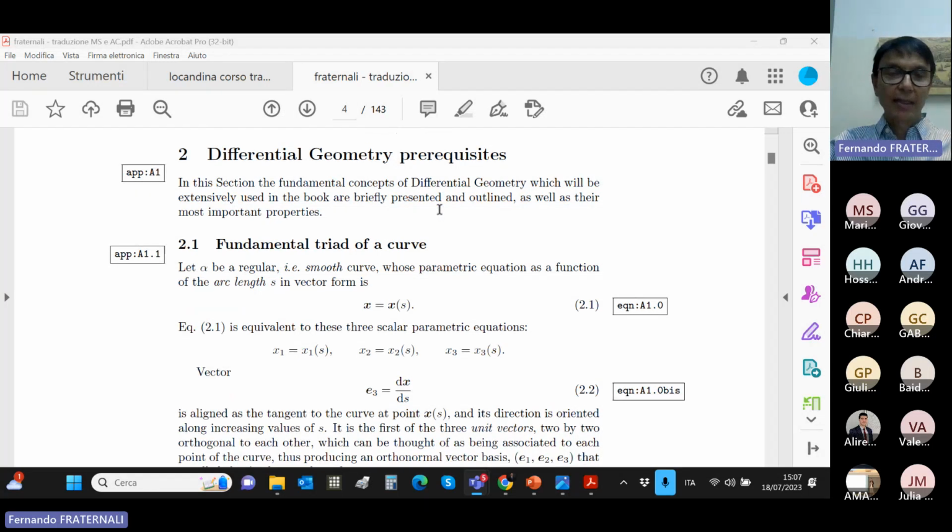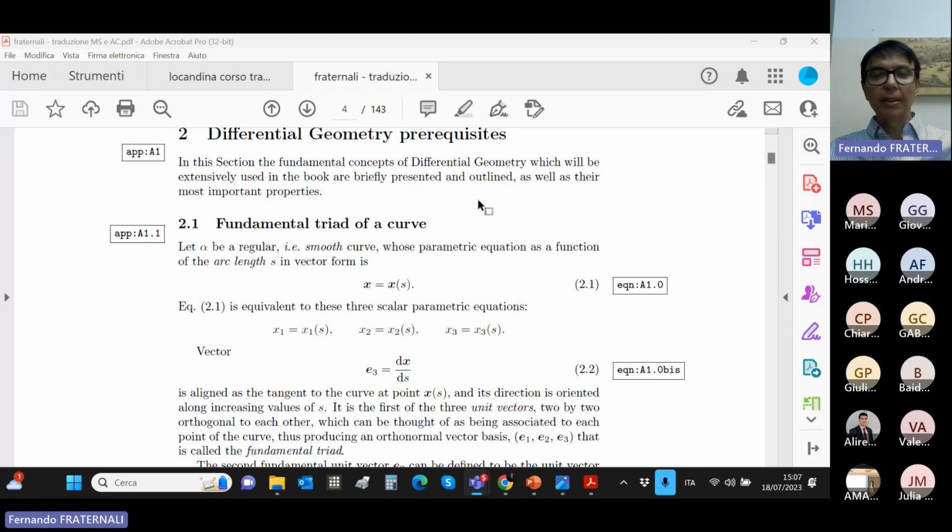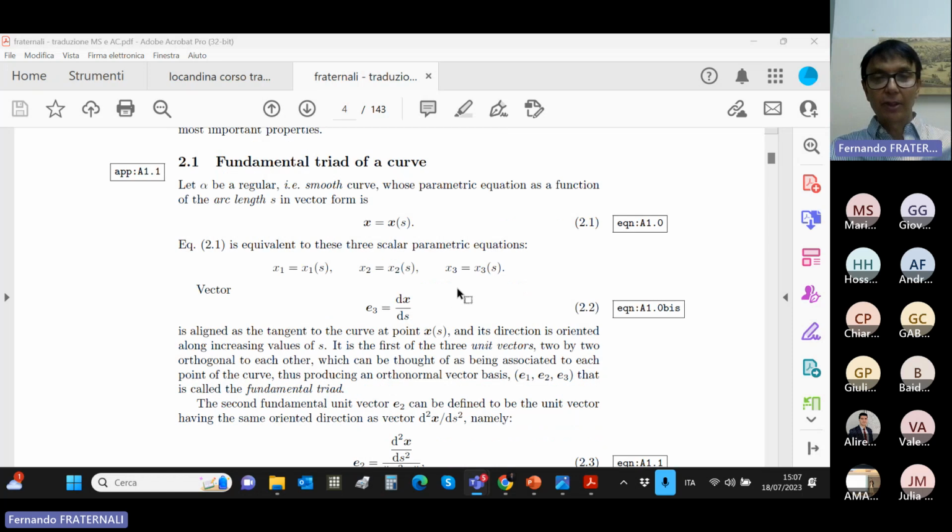The axis line is supposed to be a smooth curve of the three-dimensional space in general. It can be planar or also twisted, or non-planar.